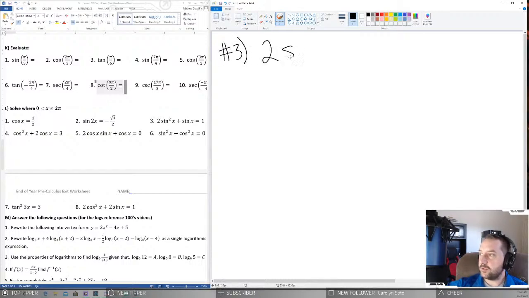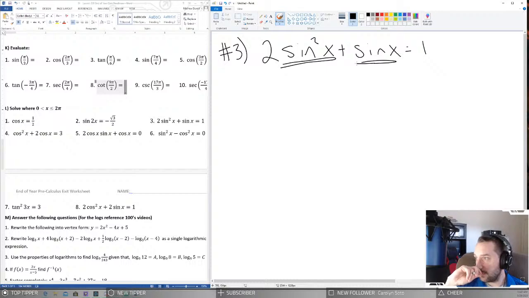So I have 2 sine squared x plus sine x equals 1. Because I see sine squared, I need to think a few things. One, maybe there's an identity. Well, everything is sine right now, so no, there's no identity for that.